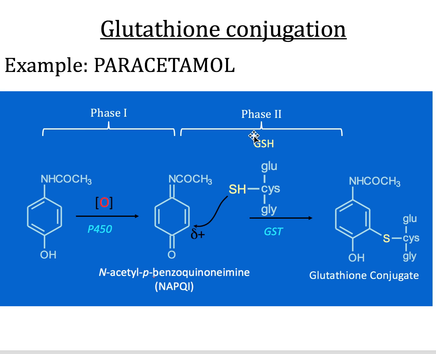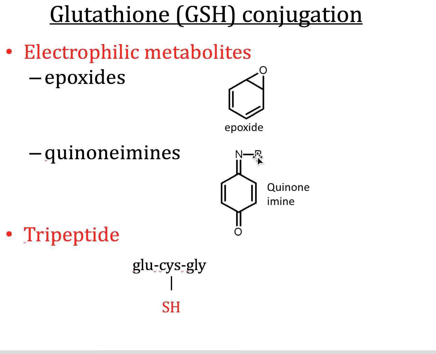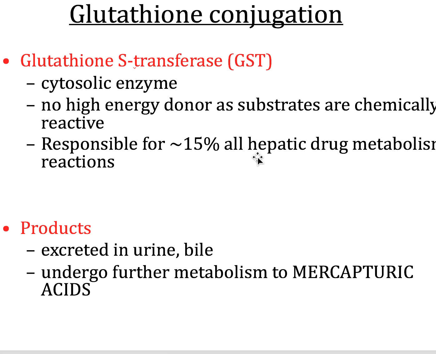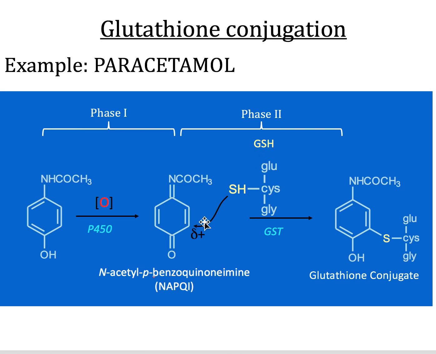So this process is glutathione conjugation. So this is then transferred to here to form this glutathione conjugate by the GST enzyme. It's a bit confusing, but if you get your head around it slowly, you should be able to understand it.